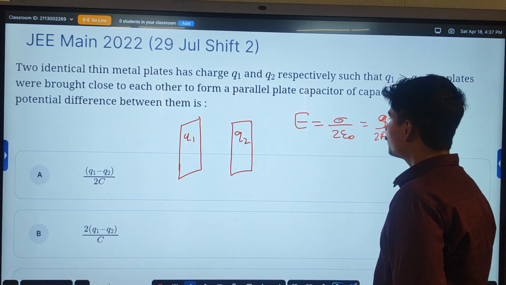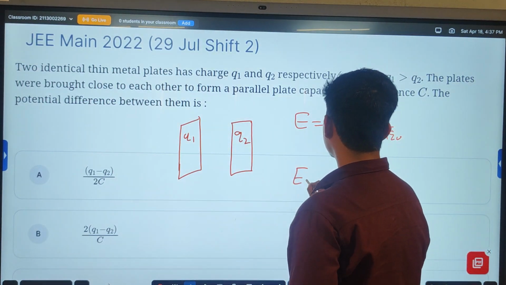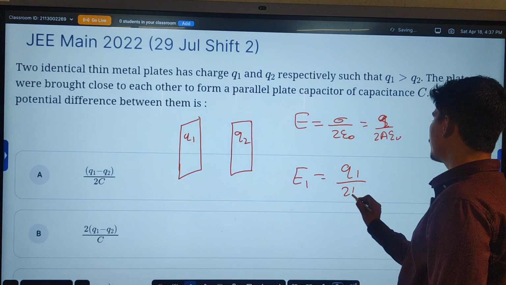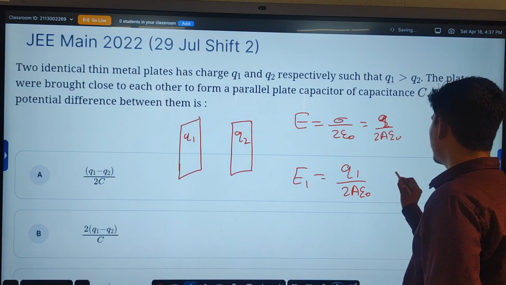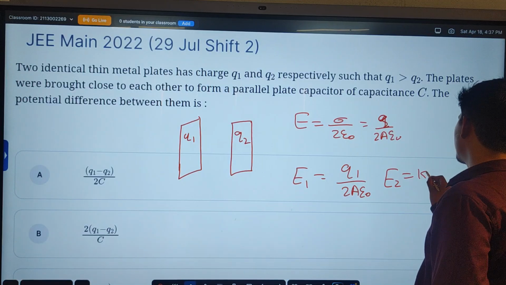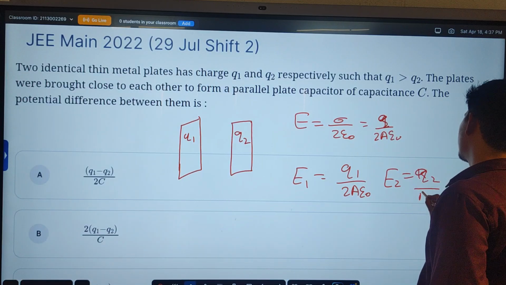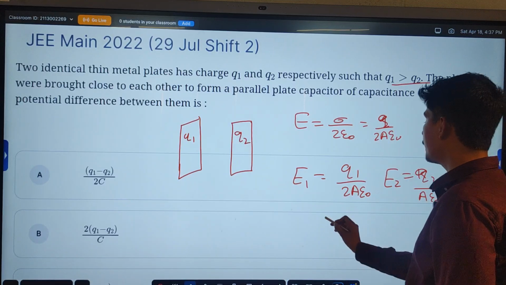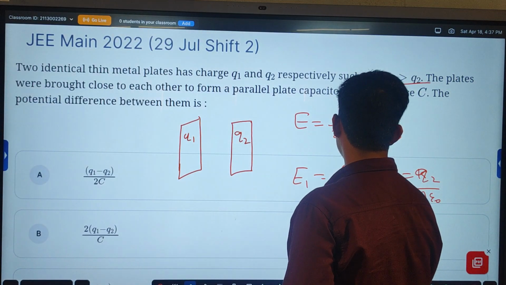So E1 can be written as Q1 upon 2A epsilon naught, and E2 can be written as Q2 upon 2A epsilon naught. The question says Q1 is greater than Q2, so E1 is greater than E2.